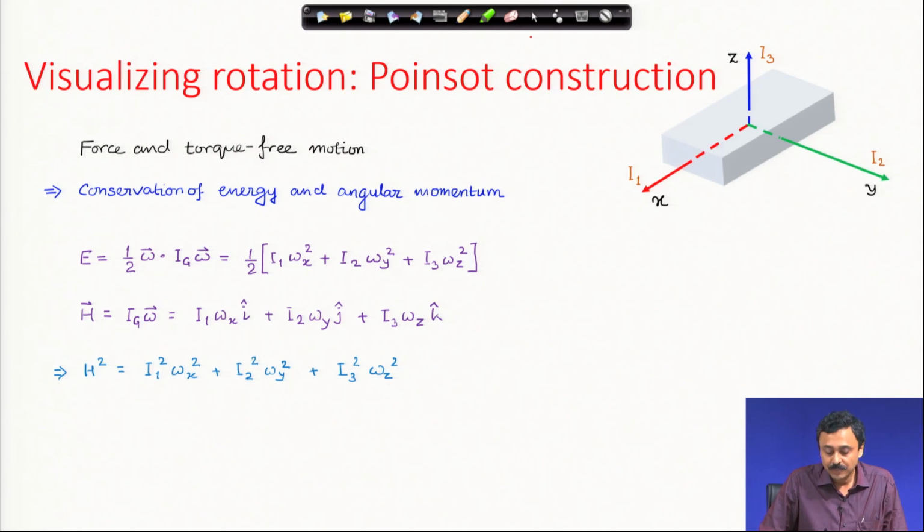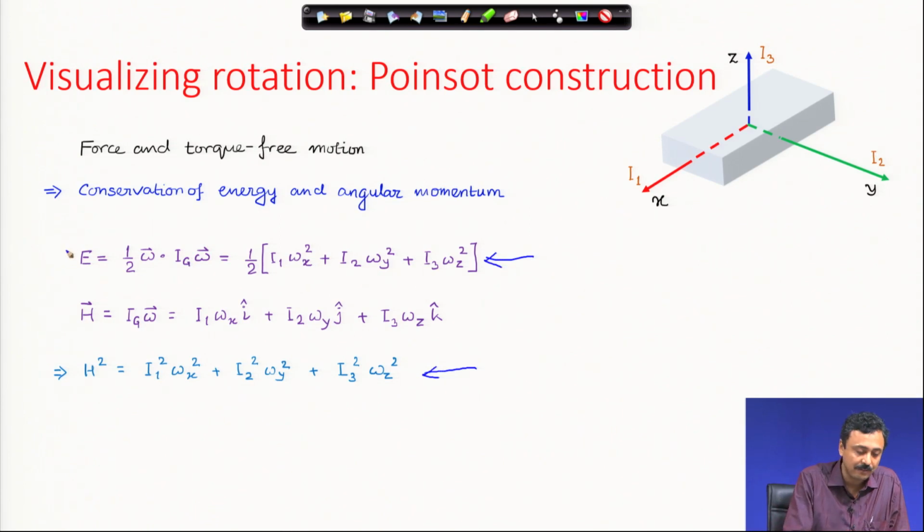We are now losing track of the direction, but in the back of our mind we must always remember that the direction is going to remain fixed, and we are going to see soon what that means. But with this new consideration of the square of the angular momentum, which is a scalar, and the conservation of energy, now we have 2 scalars, this is the first scalar, this is the second scalar, and both have to be constant. The direction thing will come a little later.